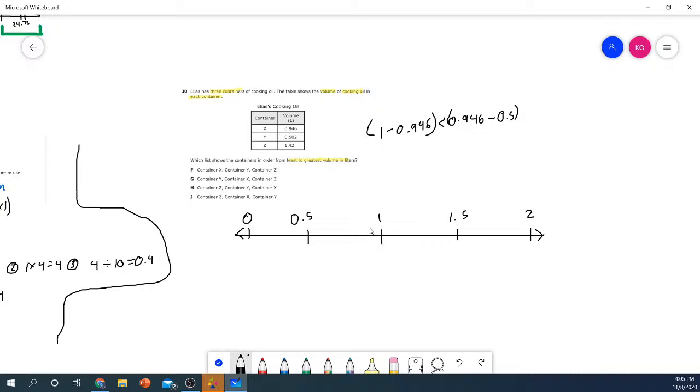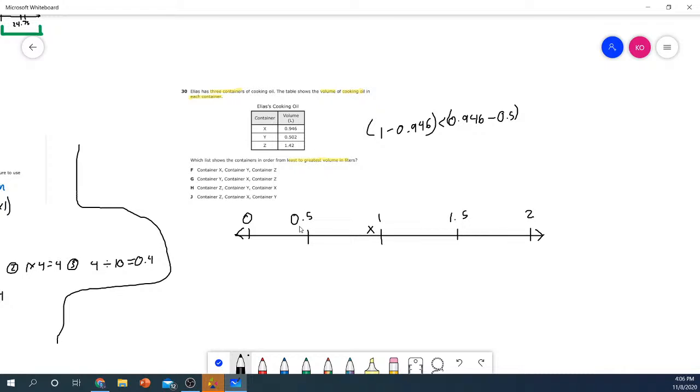So we'll just put a capital X here. Y is 0.502, which would be closer to 0.5 because we have 0.5 already in the tenths place, and the 0.002 goes to the thousandths place, which is very small.